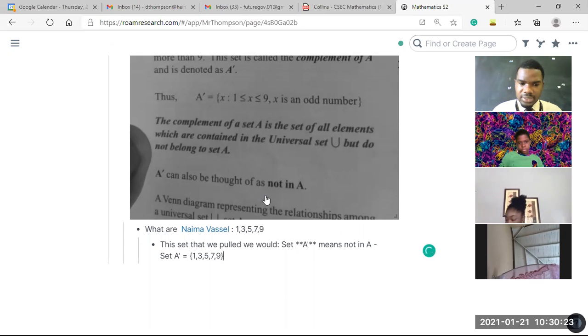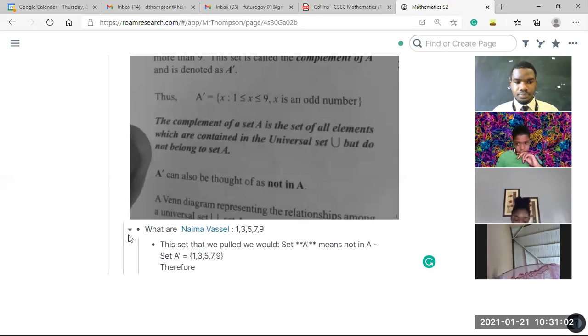So we would write, therefore, A prime is the set of x such that 1 is less than or equal to x, x is less than or equal to 9, but x is now an odd number. So write this sentence off for me. This should express what the complement of A is. All right, everybody?